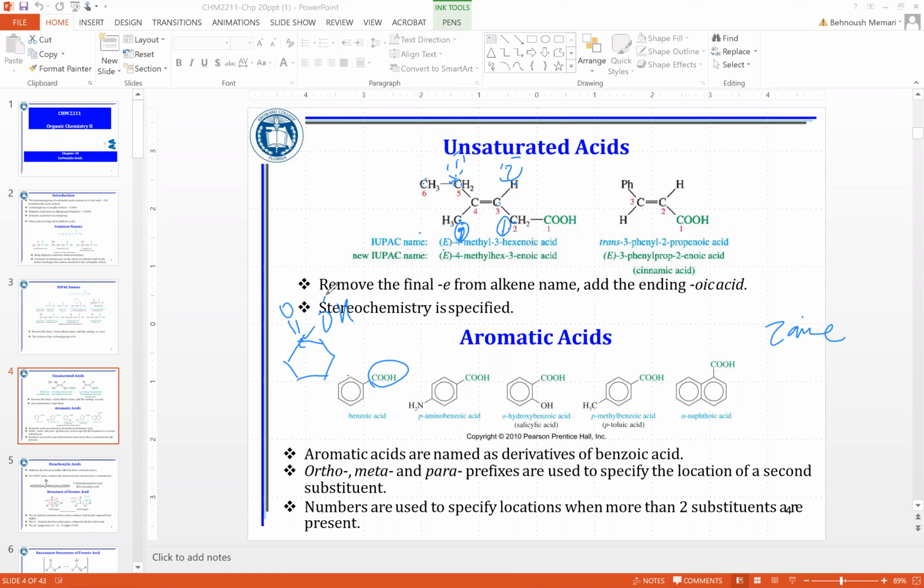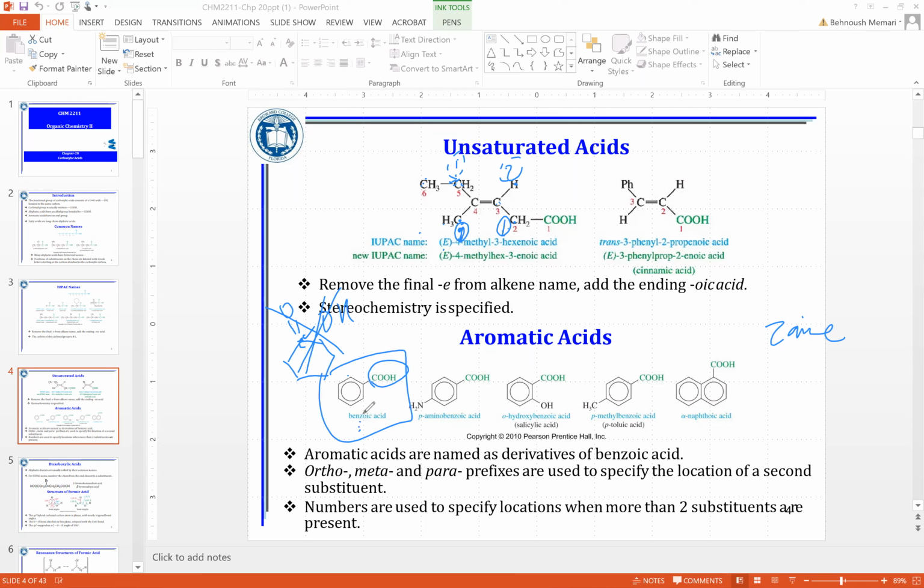So we don't have cyclic carboxylic acid, but we could have an aromatic ring or a cyclic ring attached to COOH, the carboxylic acid functional group. For the benzoic acid, that was the parent name.